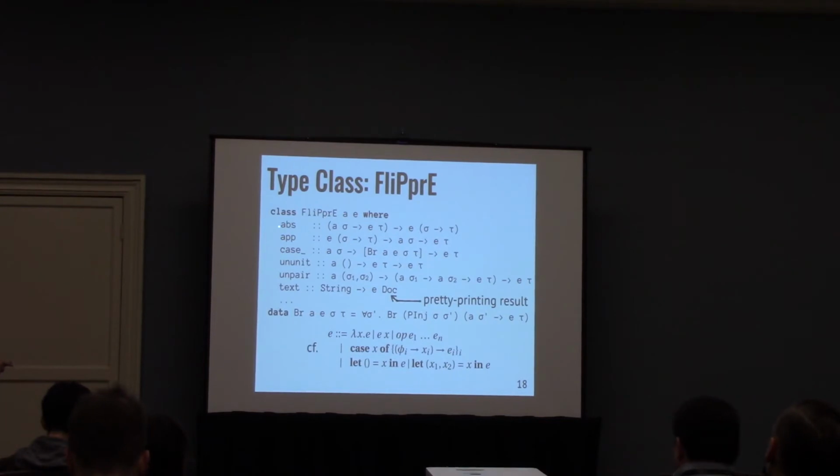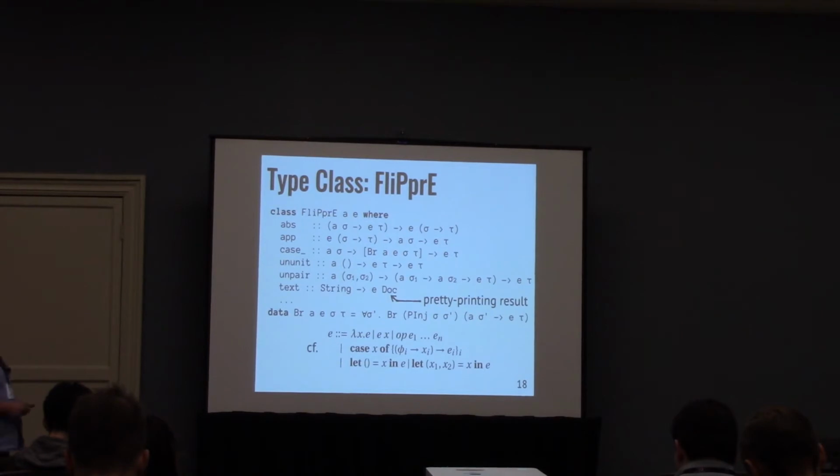Here, ABS corresponds to a lambda abstraction, APP corresponds to application, and case corresponds to the case expression. Unit and amper correspond to these forms of let, and text is one of Wadler's pretty printing combinators, so Doc represents a pretty printed result.